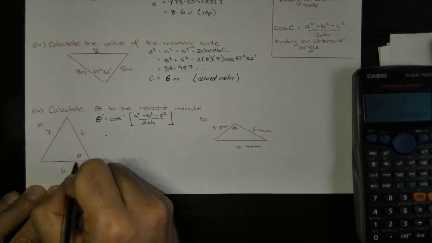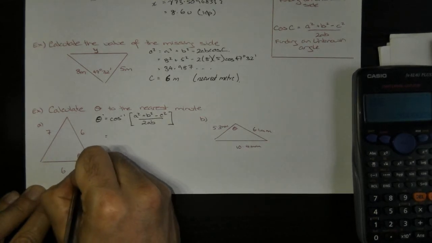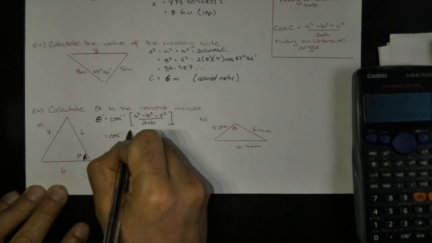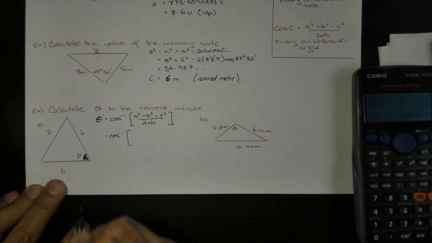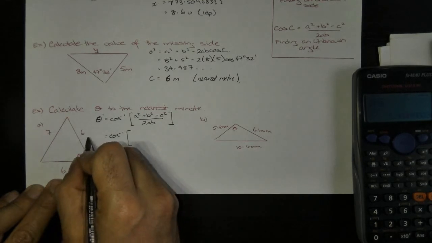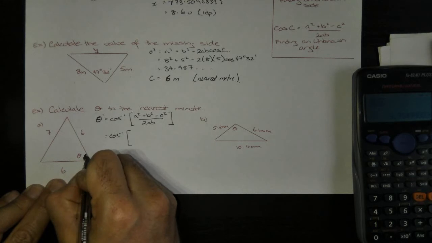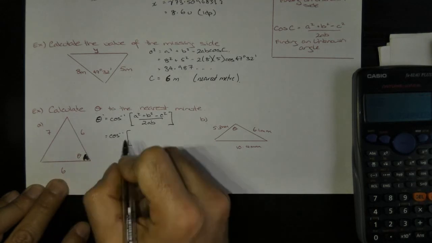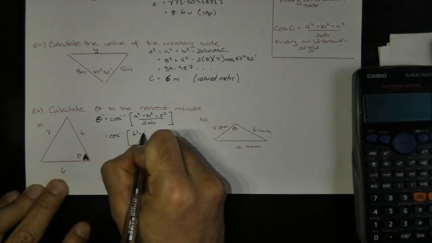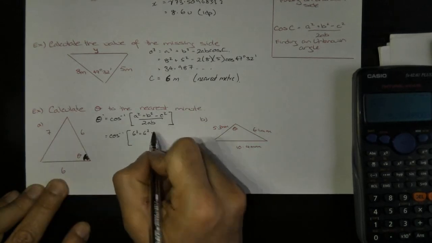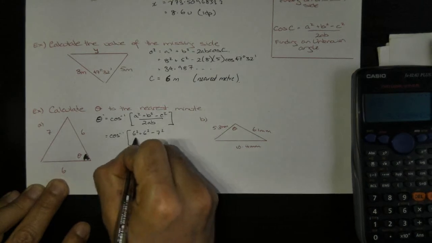Okay, so now it's important to kind of know which is which. So there's your angle. These sides that are on either side of the angle, that make the angle, they're going to be your A and your B. So 6 squared plus 6 squared. And the opposite is going to be your C.